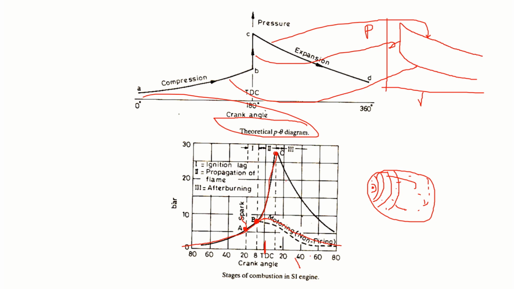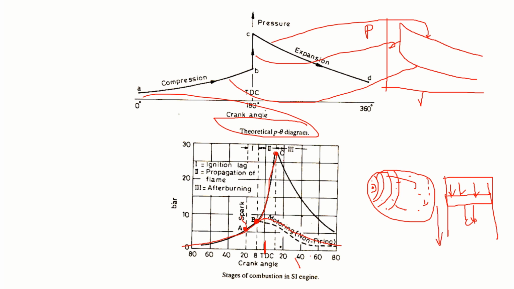The flame travels, then the piston moves downwards. On the piston this high pressure will be applied. If you see this view, the piston is here and it is going downwards. These gases exert pressure on it and it will generate the power.